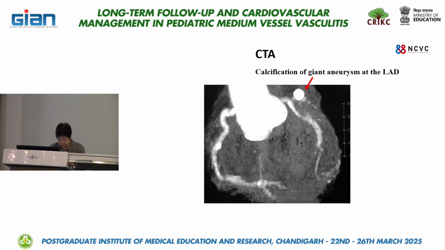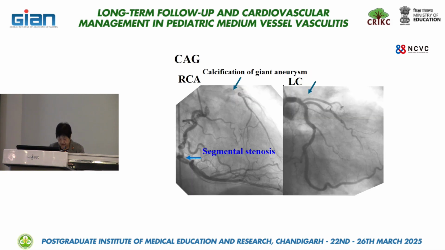Electron beam CT showed a calcified giant aneurysm. Coronary angiogram revealed segmental stenosis of RCA and occlusion of the LAD.